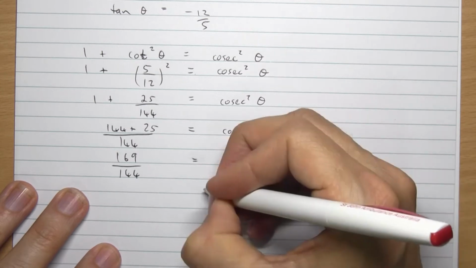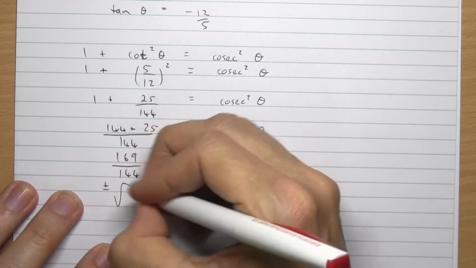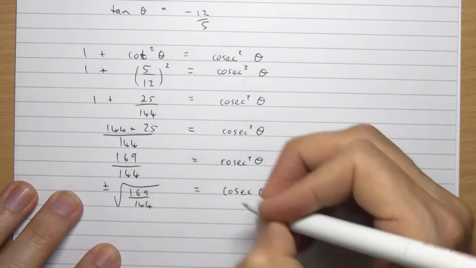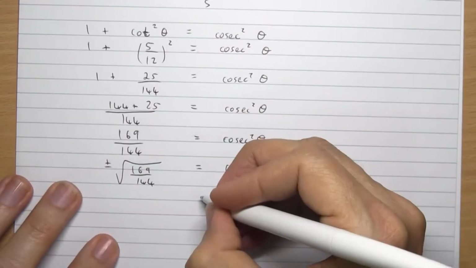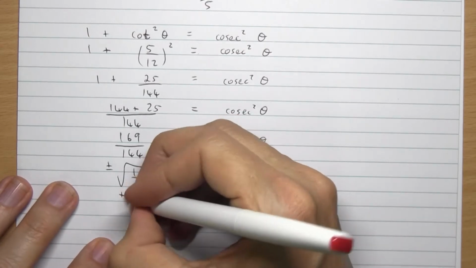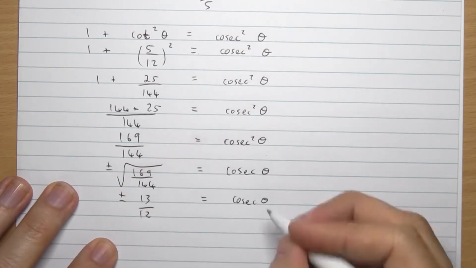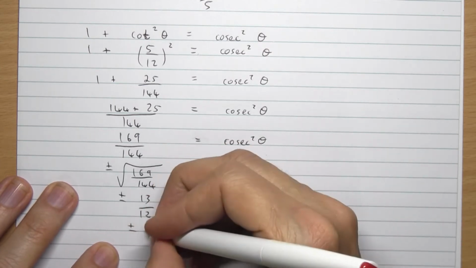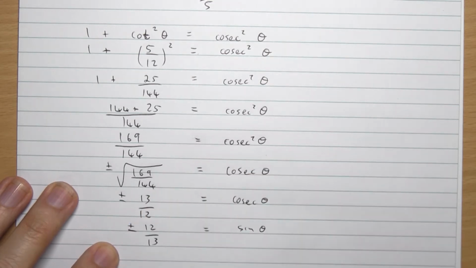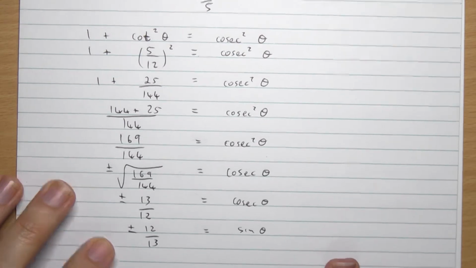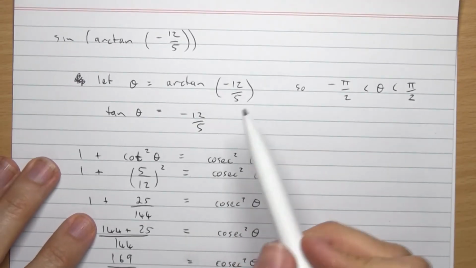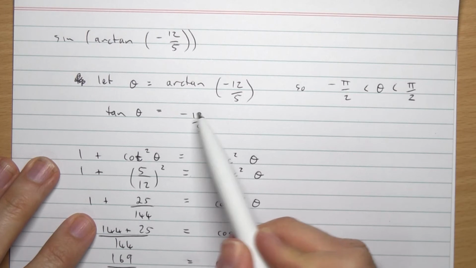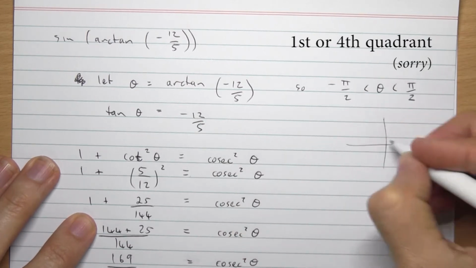So cosec theta is plus or minus the square root of that. Cosec theta is plus or minus 13 on 12. This is 1 over sine. So sine theta is plus or minus 12 on 13. So far, so good. Do I want the positive or the negative? Well, tan was negative, and I'm in the first or second quadrants.